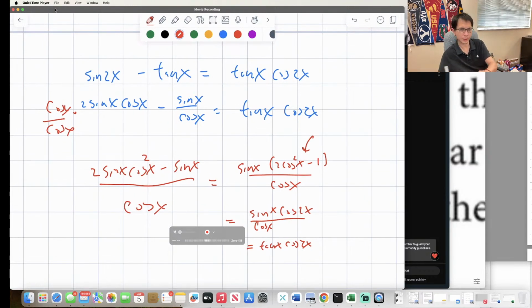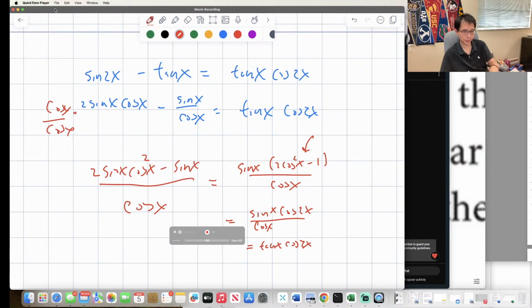Hold on, let me double make sure the questions. Give me a second. I think double angle is what? 1 minus 2 sine square. Oh, my brain's not working in the morning.